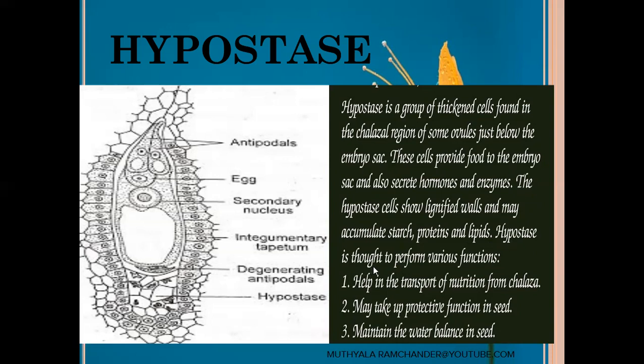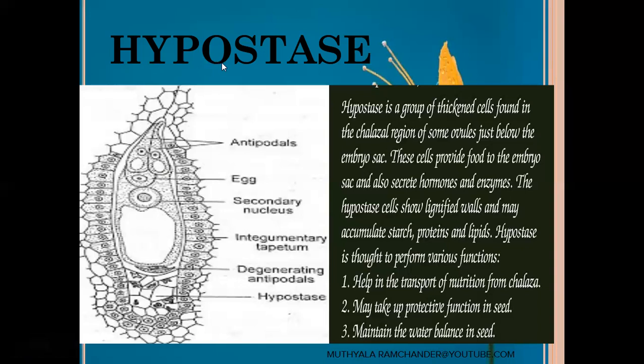Hypostase is thought to perform various functions. It helps in the transport of nutrients from the chalaza, may take a protective function in the seed, and maintains water balance in the seed. It also helps in the transport of nutrition from the chalaza to the embryo sac.